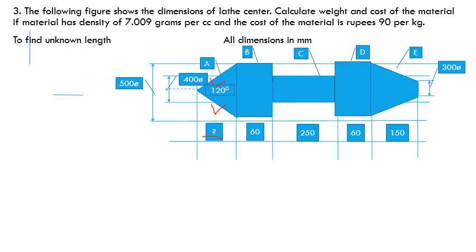So let me calculate this length. To calculate that length, I will use the Pythagoras theorem. Let me divide this triangle, which may not be equilateral, into half, so that I can get a right angled triangle.